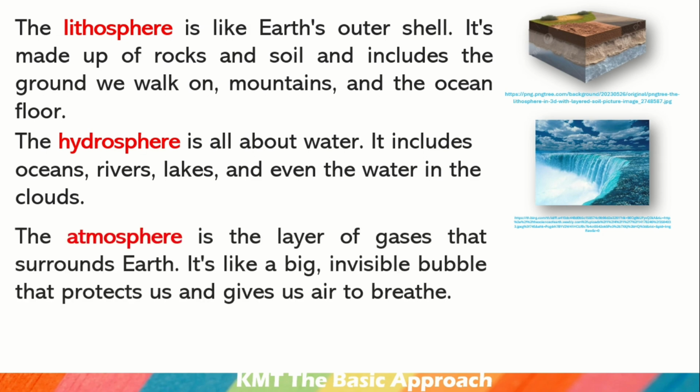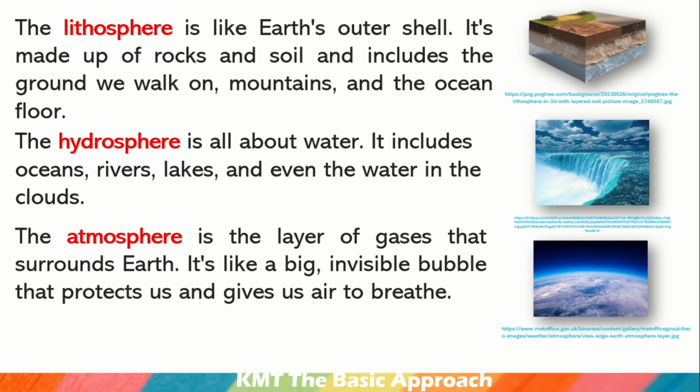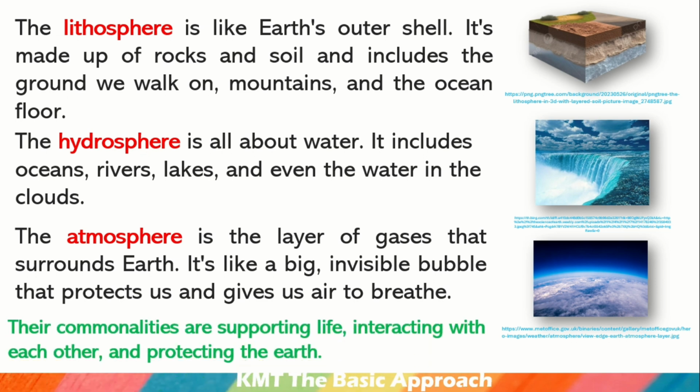The atmosphere is the layer of gases that surrounds Earth. It's like a big, invisible bubble that protects us and gives us air to breathe. Their commonalities are supporting life, interacting with each other, and protecting the Earth.